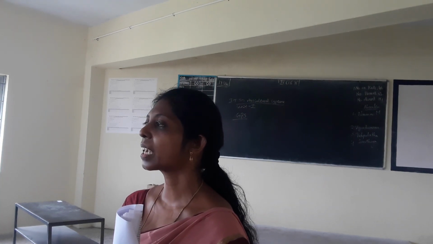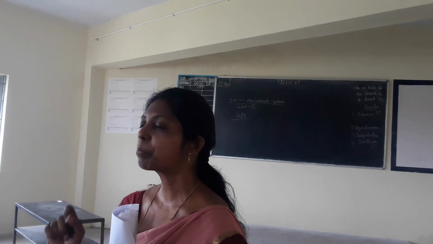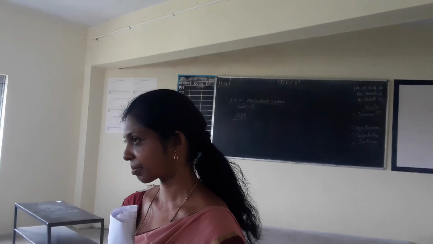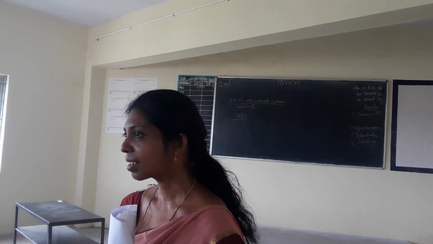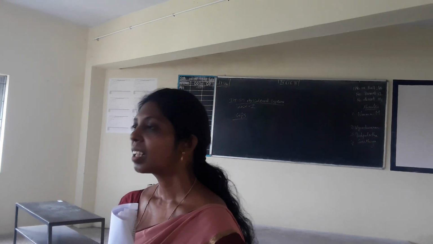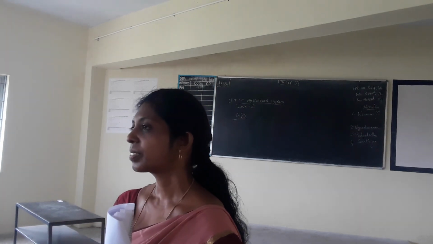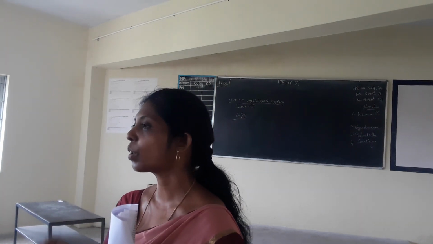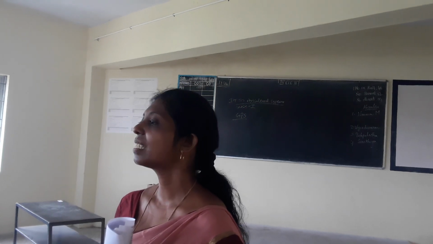What is the keyword used in global GPS? What are you doing? One word itself you are not saying. I am just asking what is the keyword alone for this GPS? Huh? DGPS. DGPS.